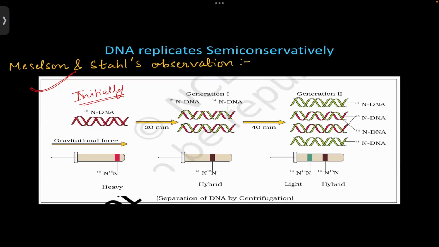So the DNA molecule was heavy, because after centrifugation the band was at the bottom; it is more dense. Whereas after 20 minutes, the first generation of E. coli was obtained.